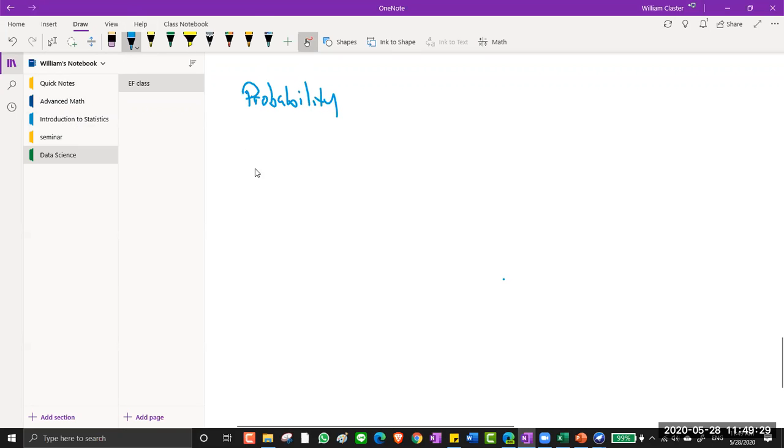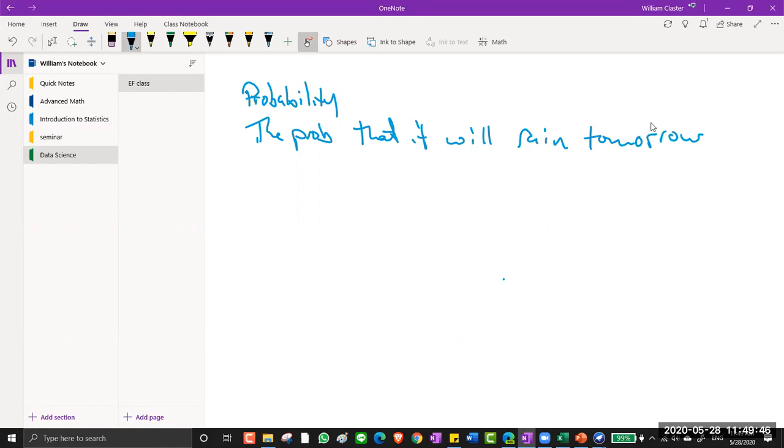When I say the probability that it will rain tomorrow, that's a typical way that we might use the word probability.